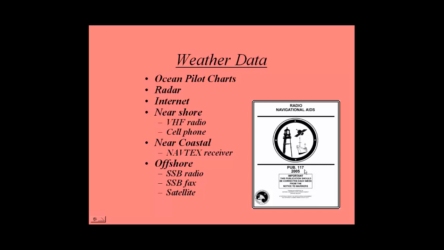You have DMA Pub 117, which is the radio navigation aids, and I urge that you download this or buy it in hard copy. Download it from the NGA website, and it has a description of all the different radio aids that are available and the content of those broadcasts.